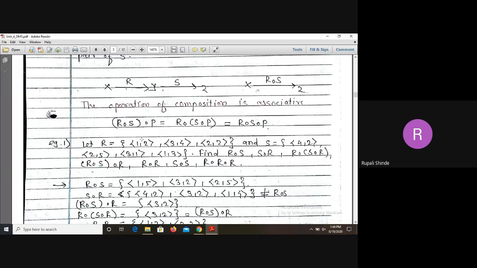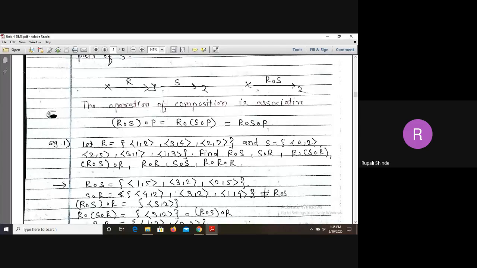That's why we are going to switch towards the next order pair, and that order pair is 3, 4. Now here the second element is 4. That's why we have to find such an order pair in relation S whose first element is 4. So that order pair is 4, 2. That's why this 4 will get cancelled.